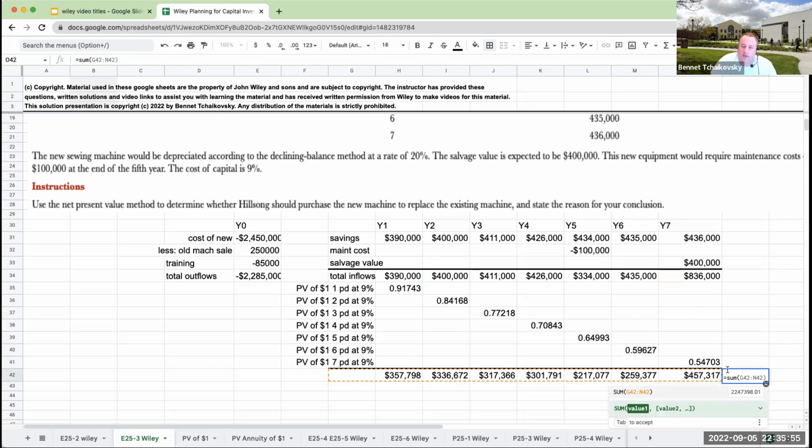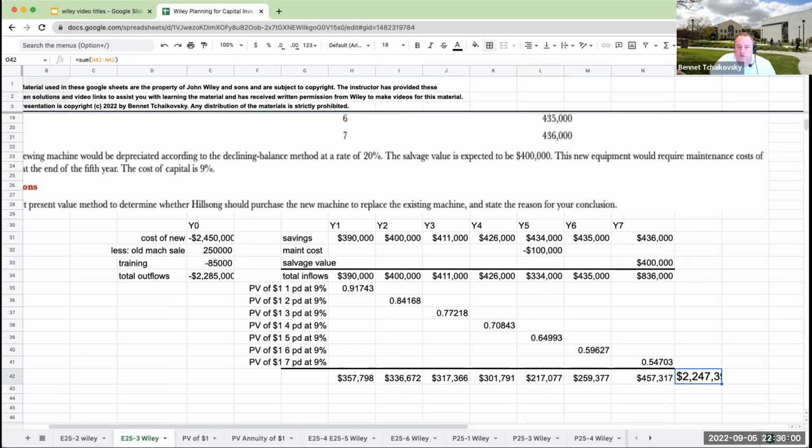So my total sum of all my cash inflows is going to be 2,247,398. So my total present value of net future cash inflows is going to be this right over here. Okay, less my outflows in year 0.